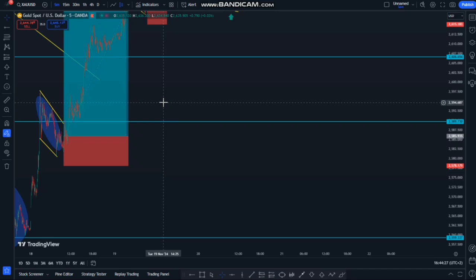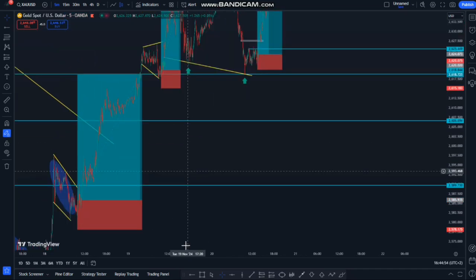Third, you need to identify the structures or the patterns in order for you to execute. And then the fourth one, it's obvious. When executing, you must find the way on how you are going to enter that trade.